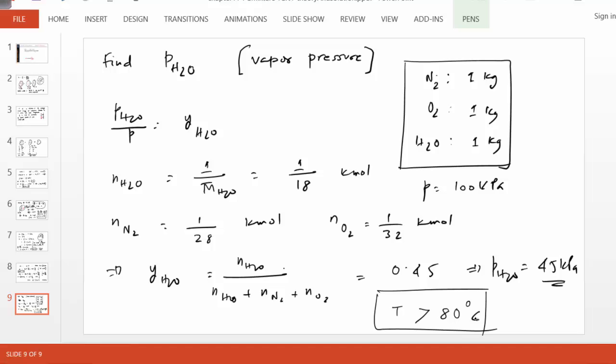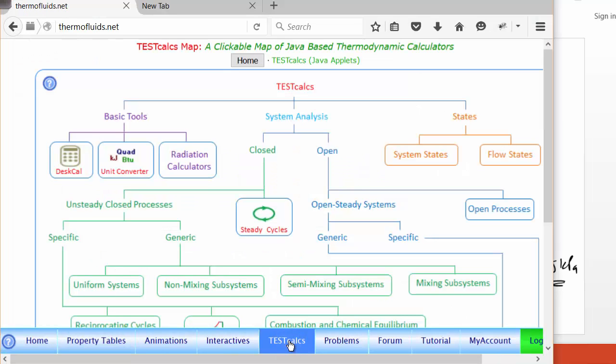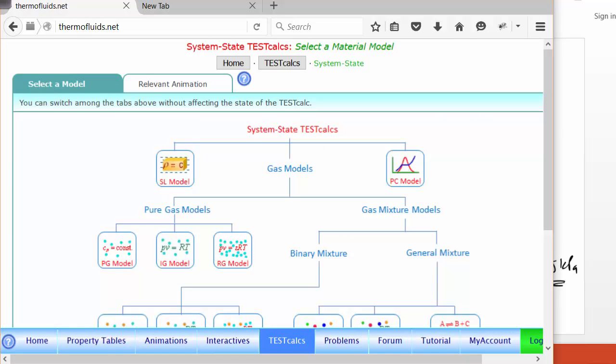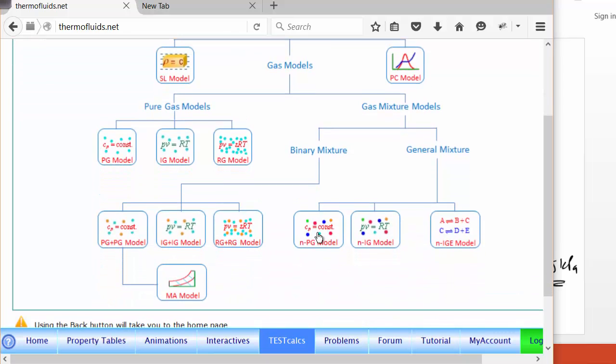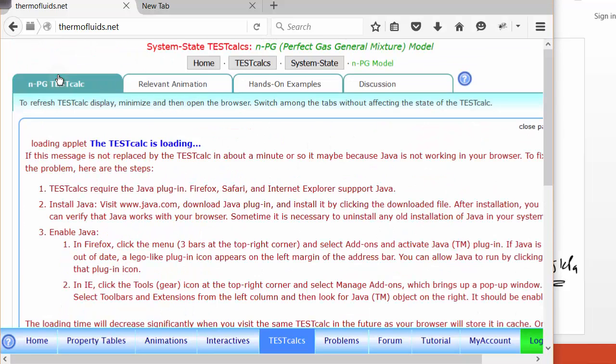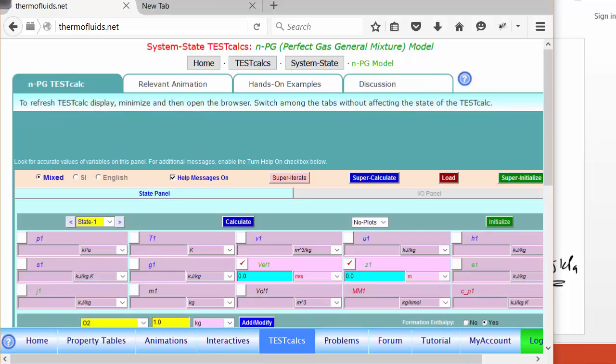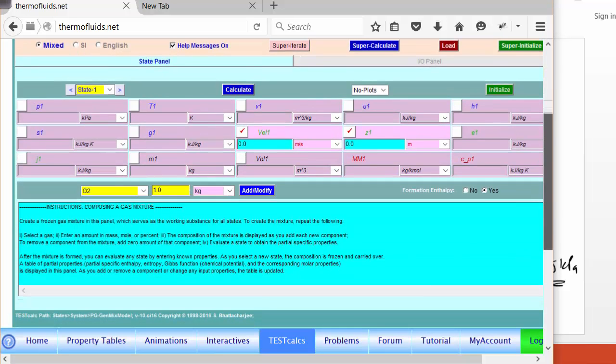To verify that using TESTcalc, we can launch the PG model or NPG model, because you have more than 2 components, and compose our mixture.